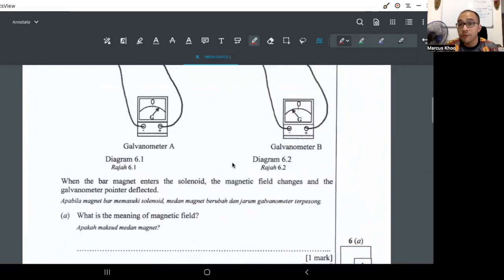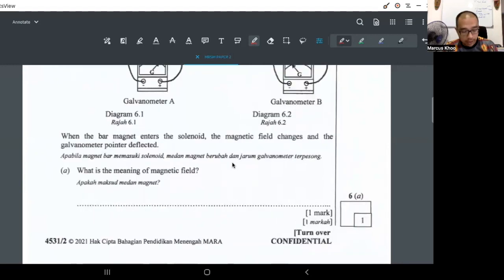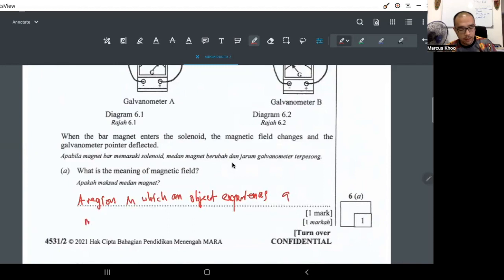So what is the meaning of a magnetic field? A magnetic field is a region in which an object experiences a magnetic force.